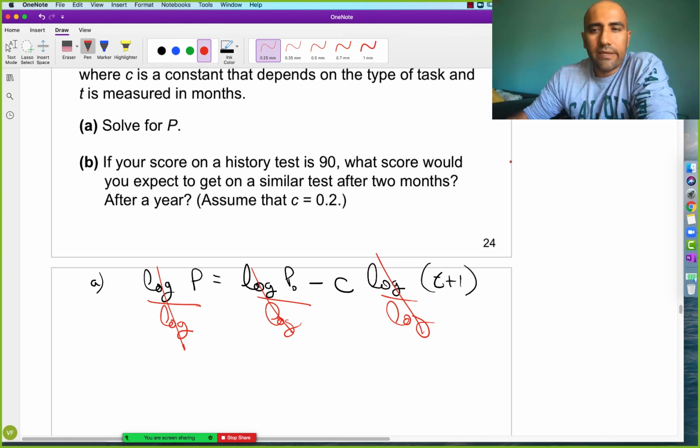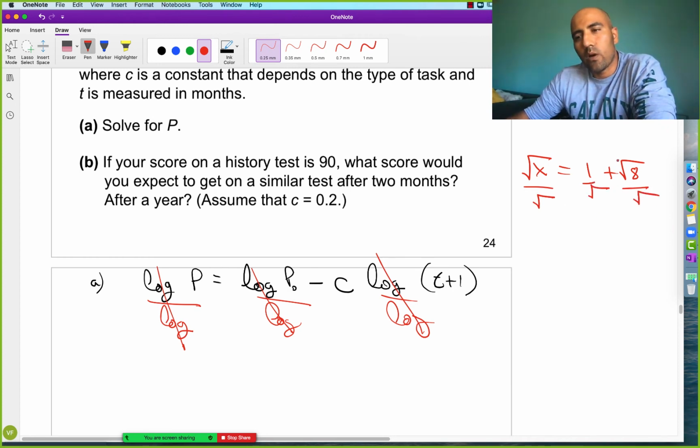That's kind of like saying if I have square root of x equals 1 plus square root of 8, that somebody comes in and says, I know how to solve for x. I'm going to divide by square root, divide by square root, divide by square root. I'm like, what in the world is that, right? This notation is meaningless. This function needs an input, and that's the same as this. Just dividing by log is meaningless.